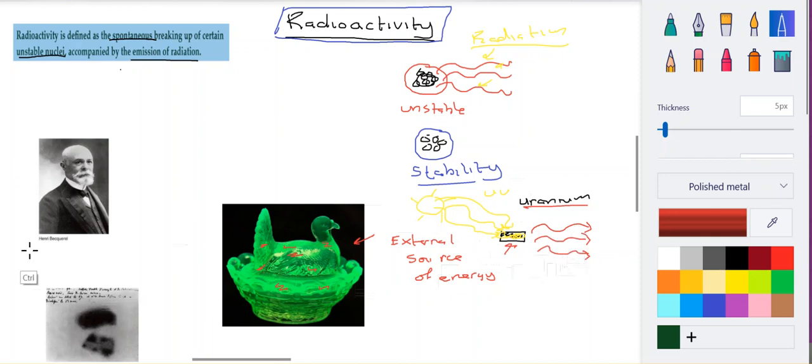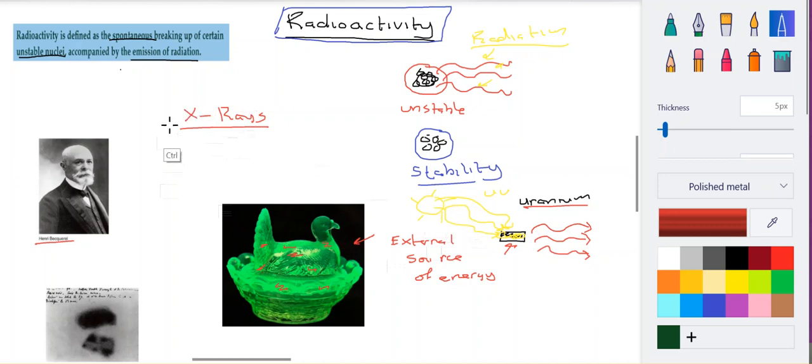Now we have this guy here, Henry Becquerel. What he was interested in doing was, at the time, scientists were looking at what are known as X-rays. It was a radiation that was given off, for example, when materials were energized with light.